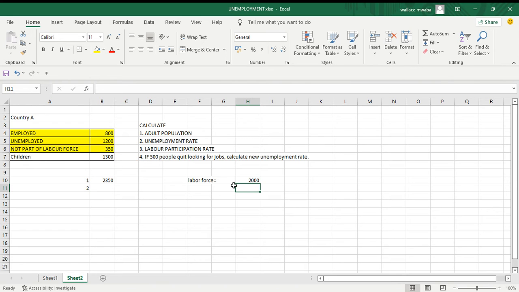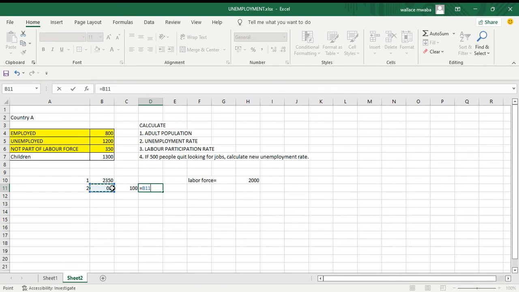So now to get our unemployment rate, we're going to get the number of unemployed people, 1200, divided by the labor force, 2000, and we get 0.6. Then we're going to multiply this by 100, which will give us 60% as the unemployment rate.